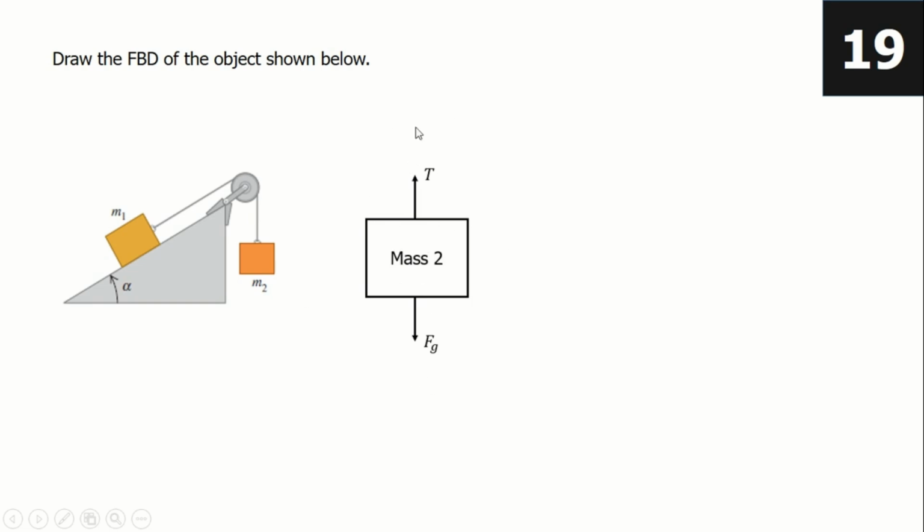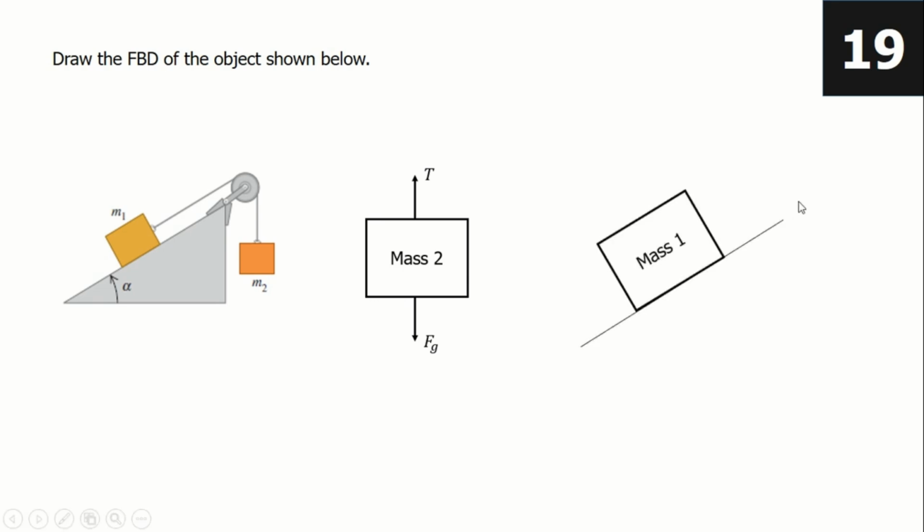Essentially, it looks like the one with the elevator, right? So we have a tension, the force responsible for keeping it hanging. Opposite in direction is the force of the weight, or the gravitational pull of the Earth on this particular object.